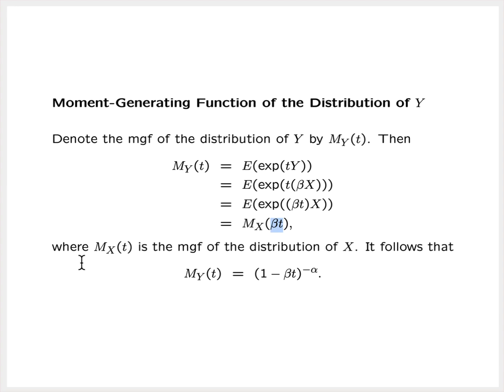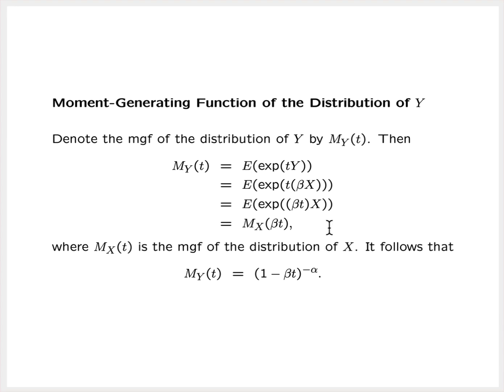So what we have here is we've expressed the moment generating function of y, which we don't know, in terms of the moment generating function of x, which we do know, and this happens to be evaluated at beta times t. Now, the moment generating function of x evaluated at t was 1 minus t raised to the negative alpha power.